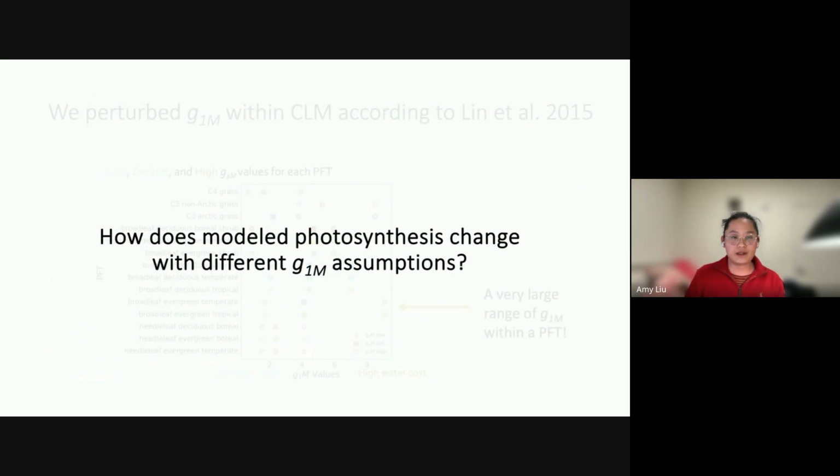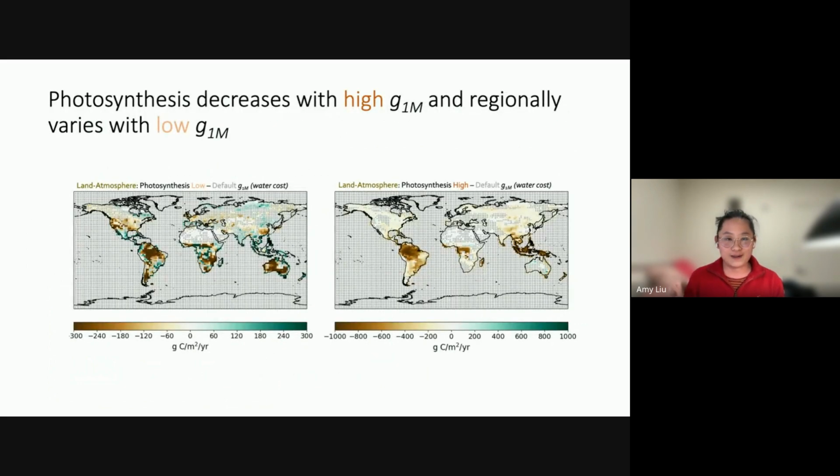So more specifically, the question we want to pose first is, how does model photosynthesis change with different GUNM assumptions? And I'm going to toss two plots at you at once. These two are spatial maps of the photosynthetic response to GUNM perturbation. On the left is the response to a low GUNM perturbation when we compare against the default, and on the right is when we have a high GUNM compared to the default.